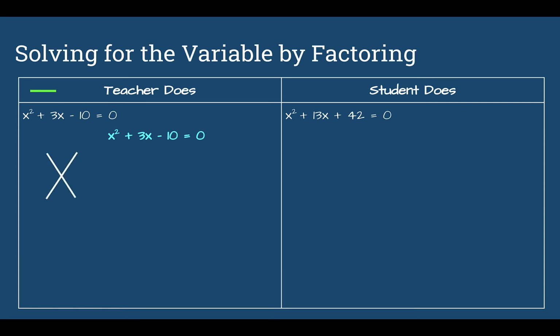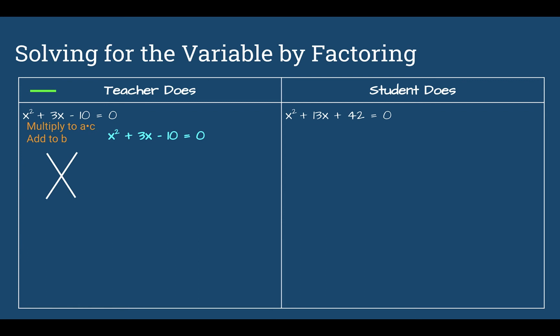If you think back to topic 7, there were multiple lessons on factoring. If you don't remember how to factor, you might want to revisit topic 7, lessons 4 and 5, and maybe 6. When we're factoring, you're going to multiply to a times c, and then add to b.